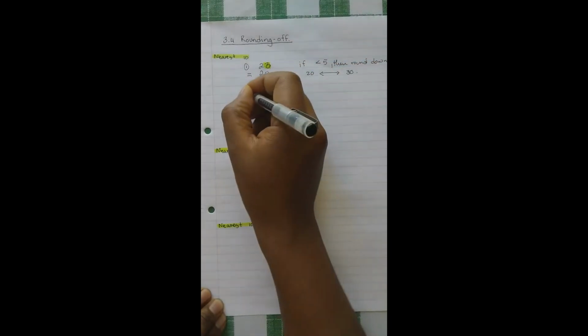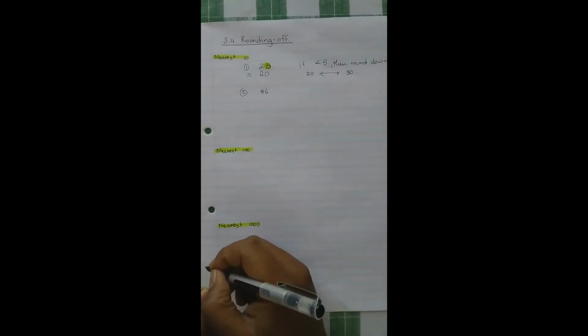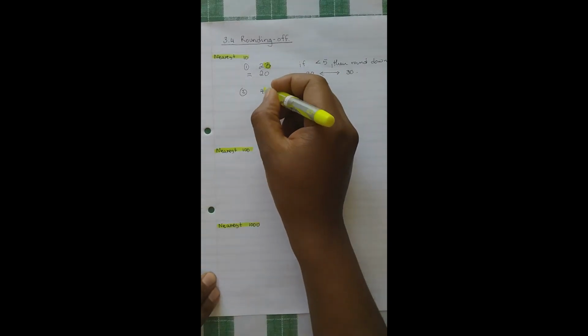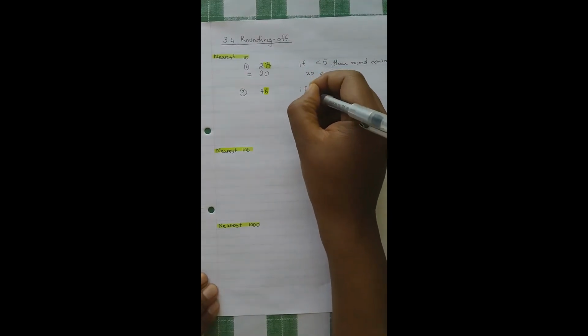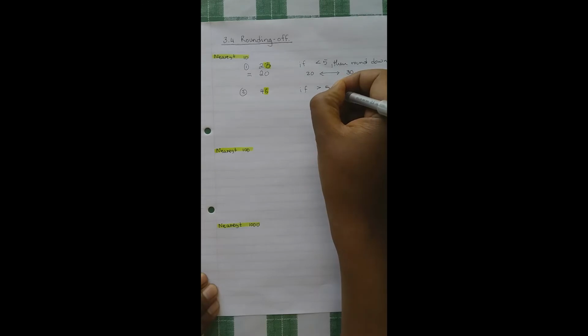Example number 2, we want to round off 46 to the nearest 10. Now, considering the unit again, if you look at that 6 there, we can see that 6 is greater than 5.